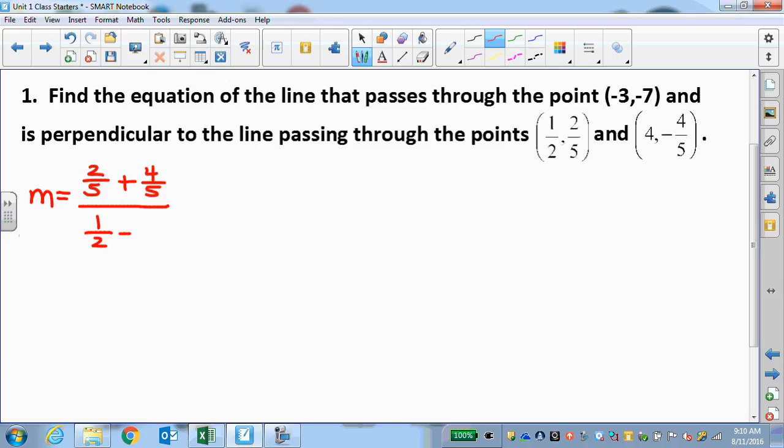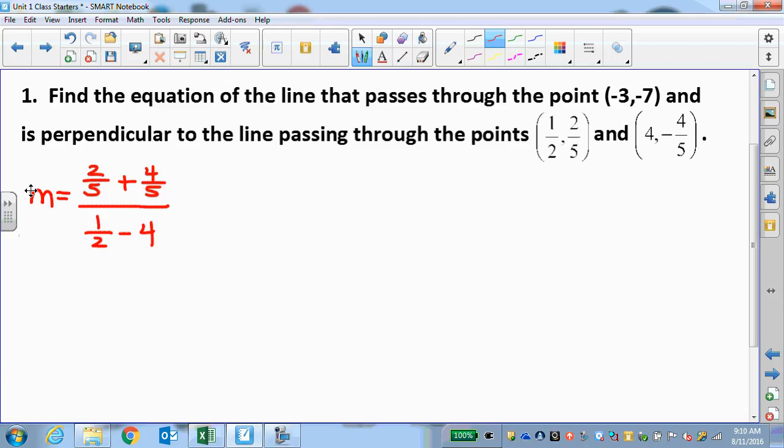Good question. What if I did -4/5 minus 2/5? As long as down here in the denominator I did 4 minus 1/2, that'll be fine. It doesn't matter which order I do those points, which one I consider x1, y1, x2, y2, as long as I'm consistent.